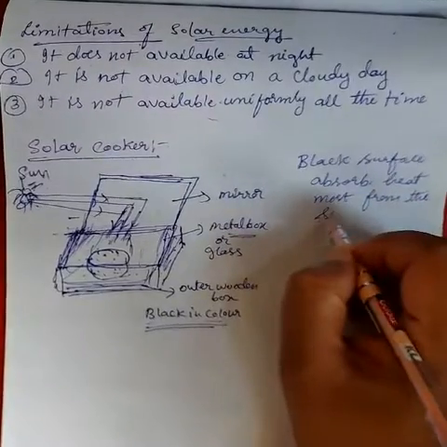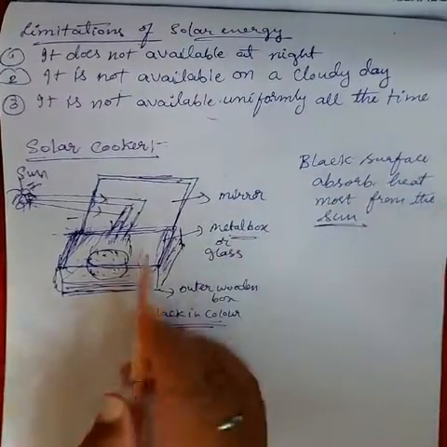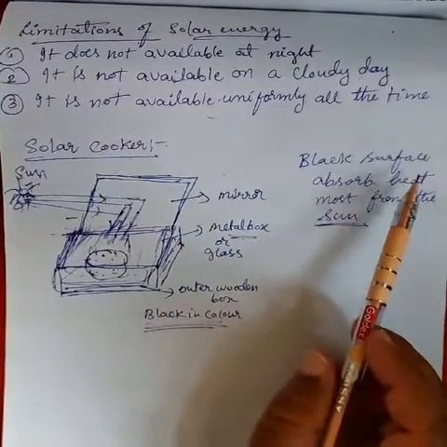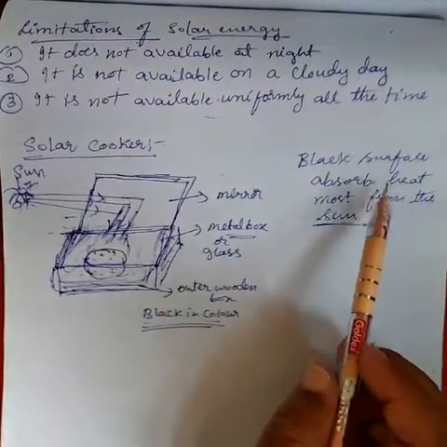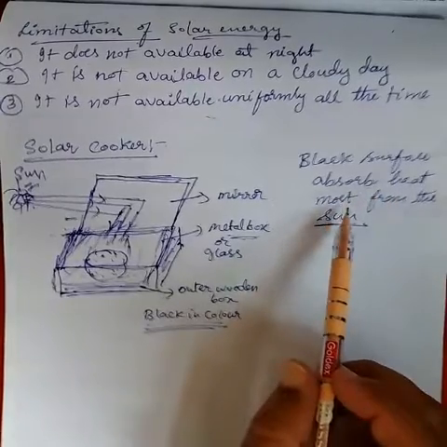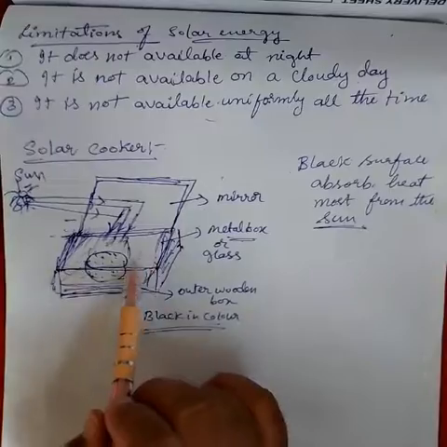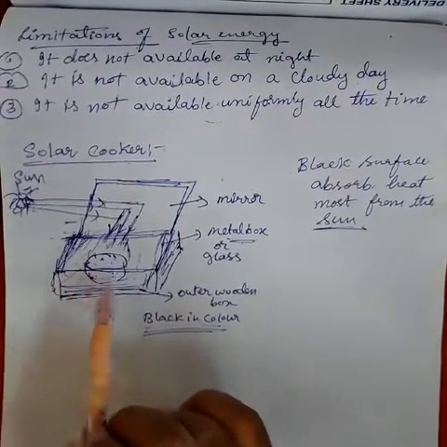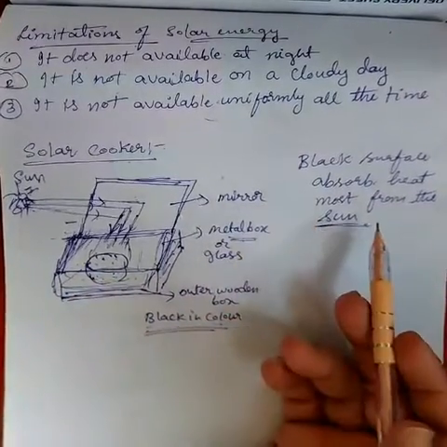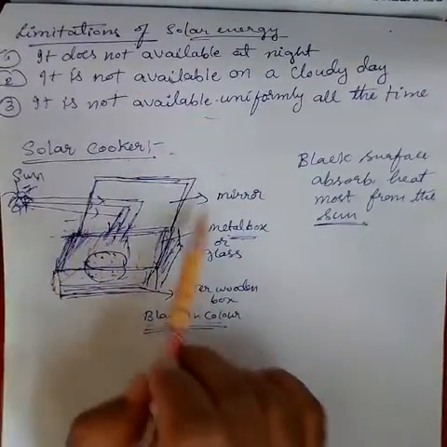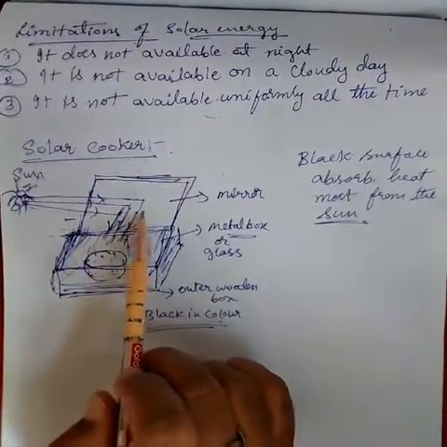This is the answer to why black color is coated in the solar cooker: a black surface absorbs more heat from the sun, which helps to cook the food quickly. That is the working and construction of the solar cooker.